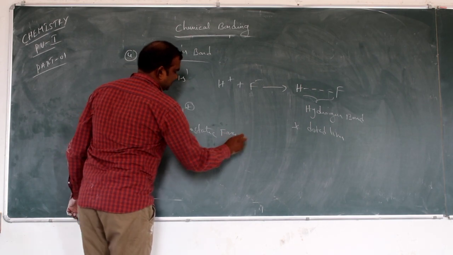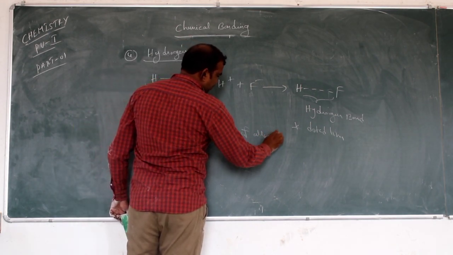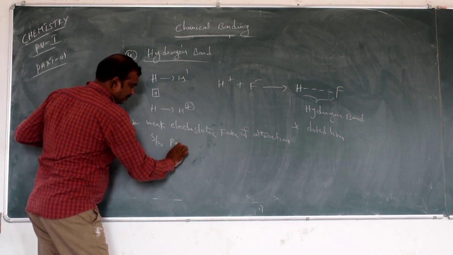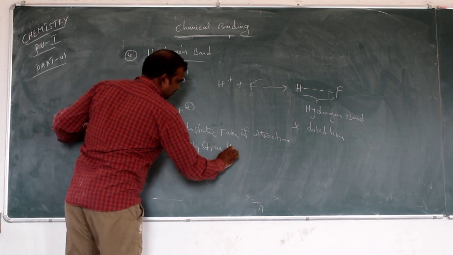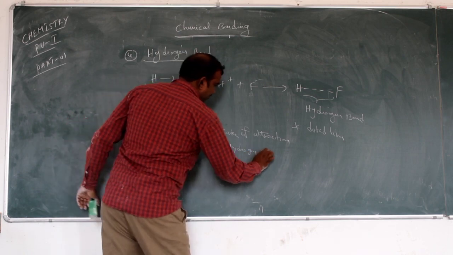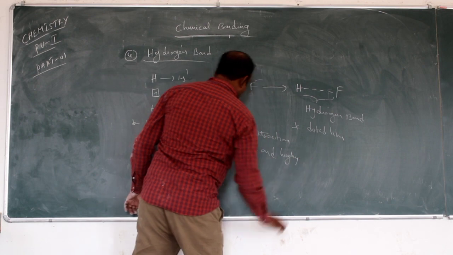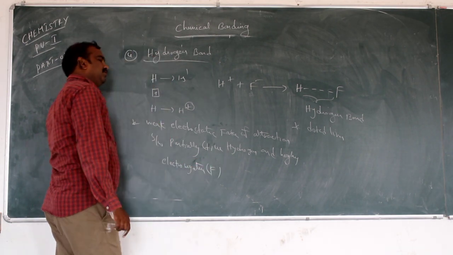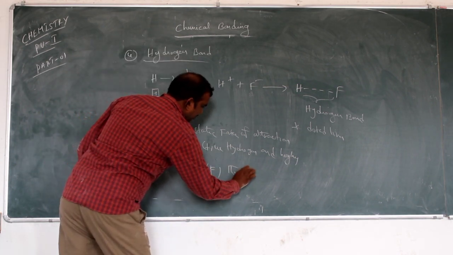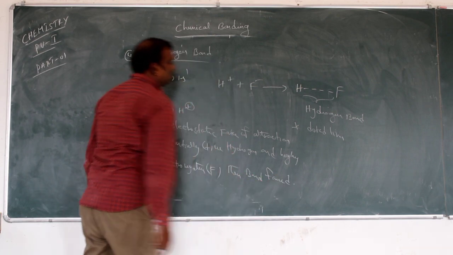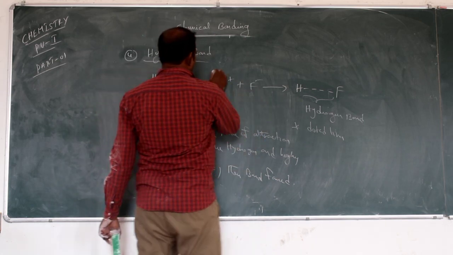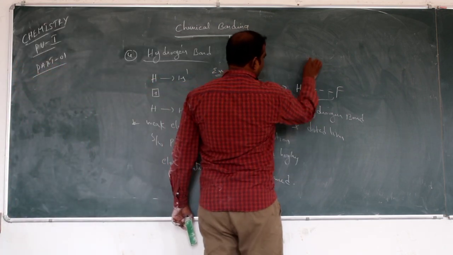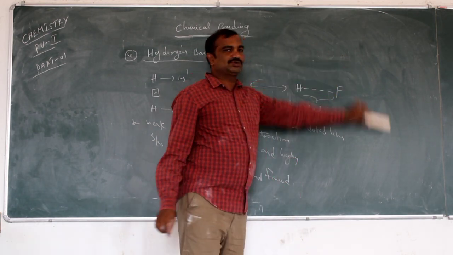The weak electrostatic force of attraction between partially positive hydrogen and highly electronegative fluorine, the bond formed is called a hydrogen bond. The example is this one. It is denoted by dotted lines, not like this one.